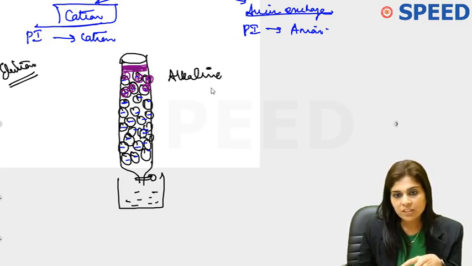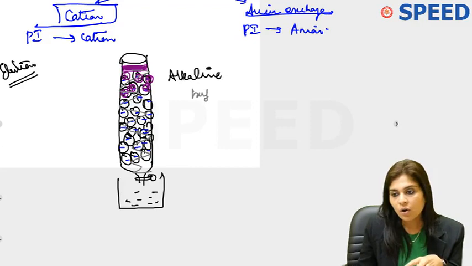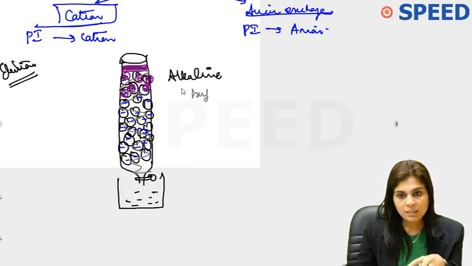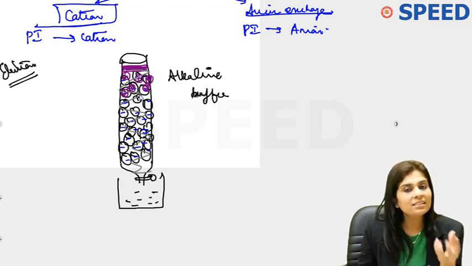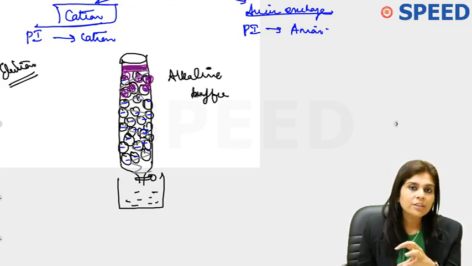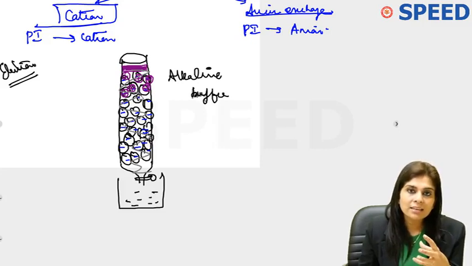What will happen when you fill the column with alkaline buffer? All these proteins sense the alkaline pH and they try to neutralize the alkaline pH. How can they neutralize the alkaline pH?